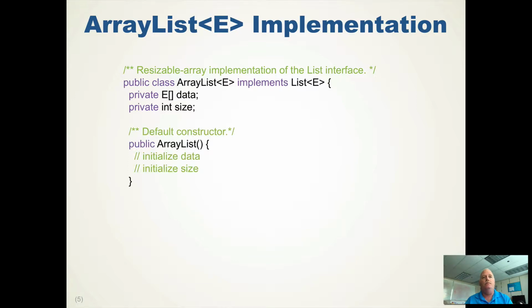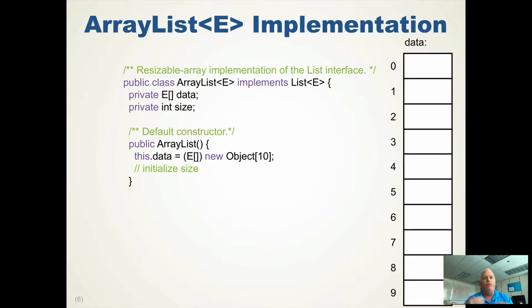The constructor needs to initialize all the member variables. So we have to initialize the data array, and we have to initialize the size. So when we create a new ArrayList, we need to initialize the data. And in order to initialize the data, Java doesn't allow you to create an array of type E, because E is a generic.